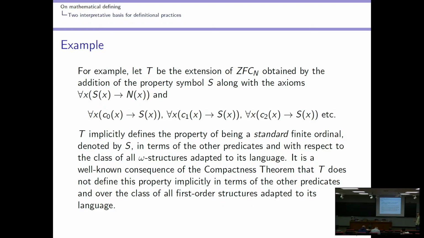So let us consider an example. Let T be the extension of our base theory ZFCN obtained by the addition of the property symbol S. S stands for standard, so we are defining a predicate just like this one. This is just a symbolic extension, right?